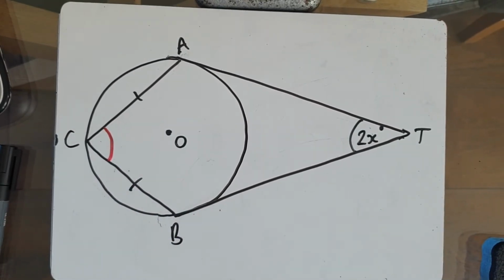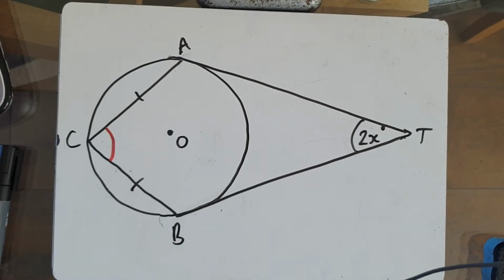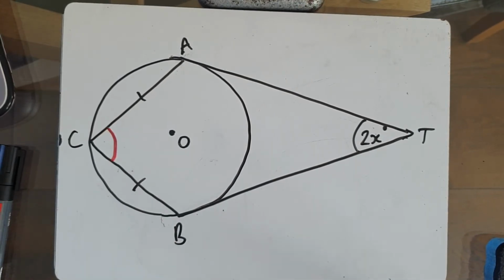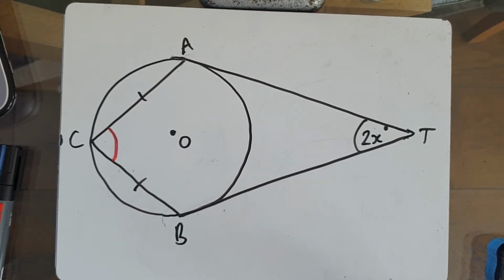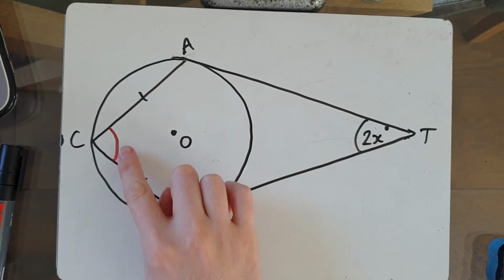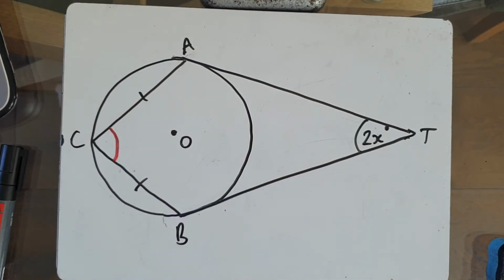So if I'm breaking this question down for myself, I'm thinking about what type of question is it? It's a circle theorems question. So I would like to get a circle theorem in there if at all possible. It's not a quadrilaterals question, so I'm not going to just find these two angles and then find this one from 360. I might do that, but I'm going to need to use some circle theorems along the way.